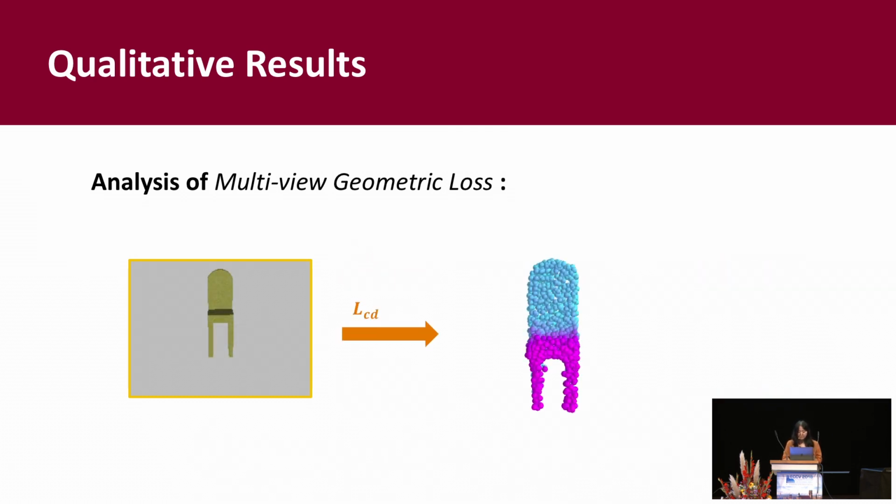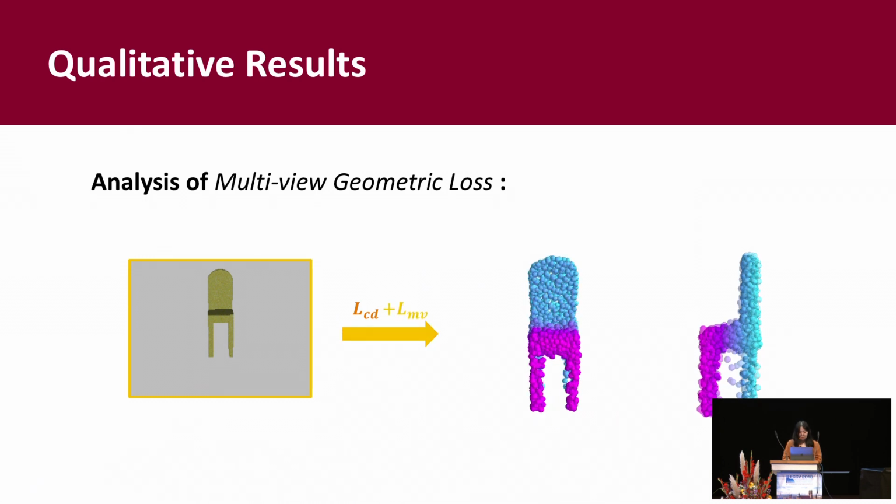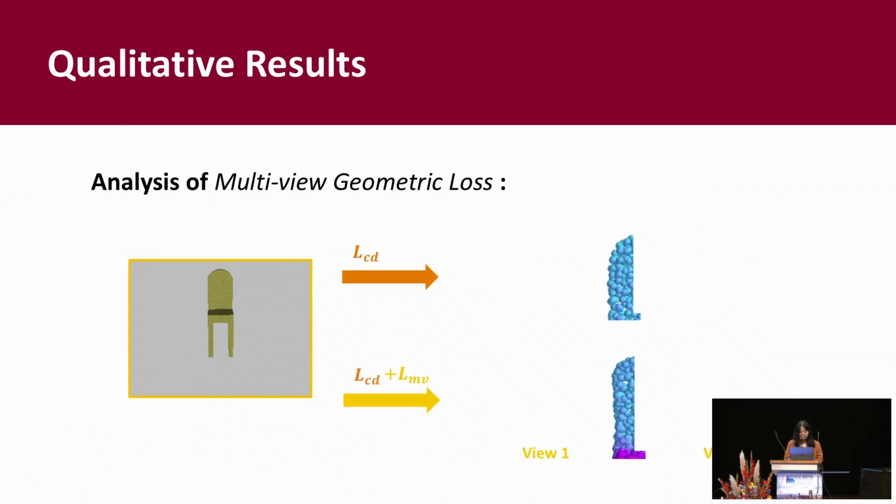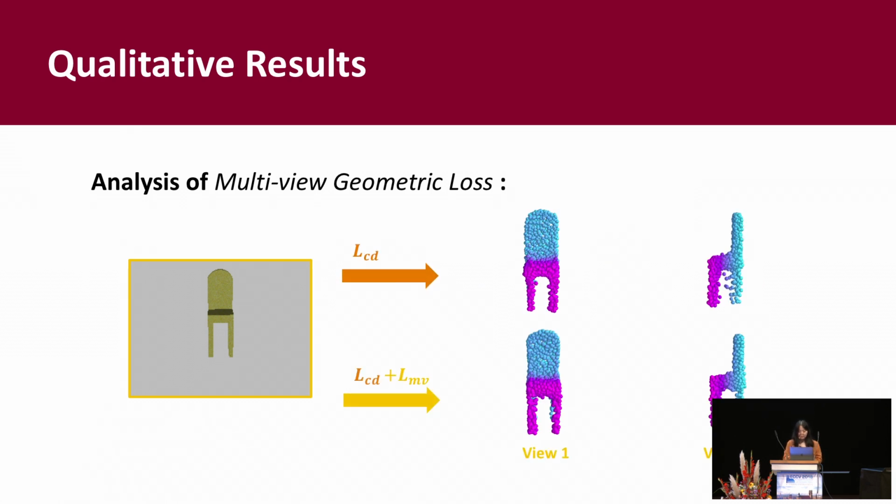In contrast, our reconstructed point cloud is still consistent with the real object. That is because with multi-view geometric loss, the network penalizes incorrect geometric appearance from different views.